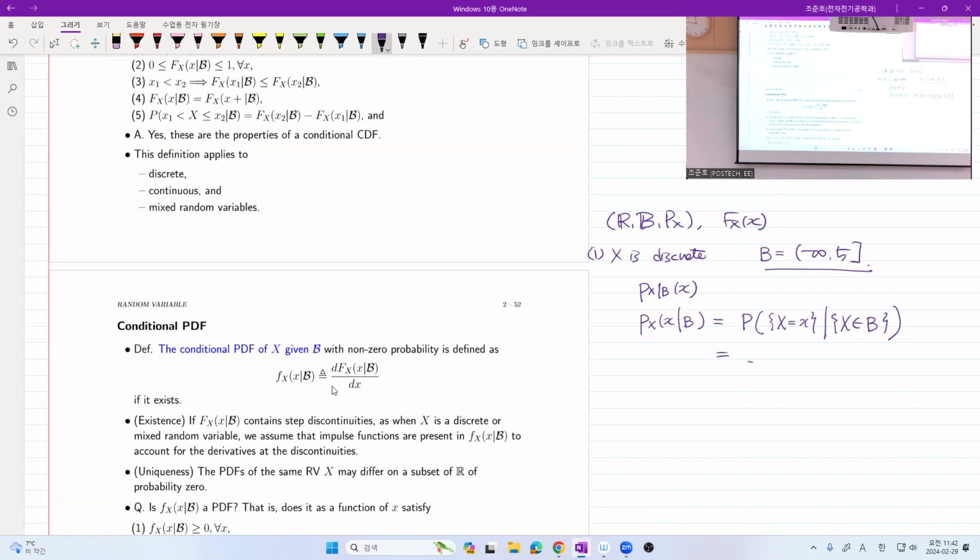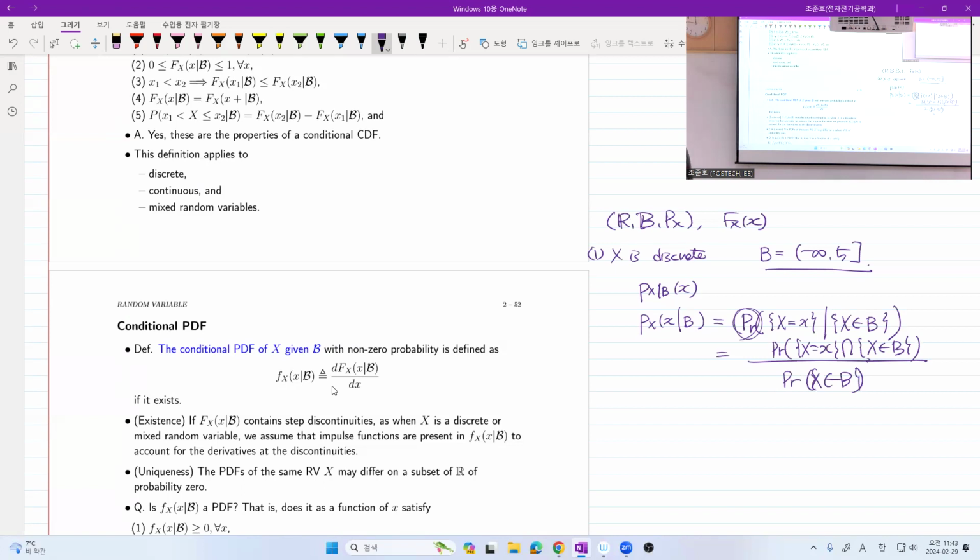And then we just use, since now we have general probability, right? Or you may say the Pr if you want, the probability of event X in B, and the probability of the event X equals x intersection X in B, right? And then you compute the individual events' probabilities, and then that becomes the conditional probability mass function.